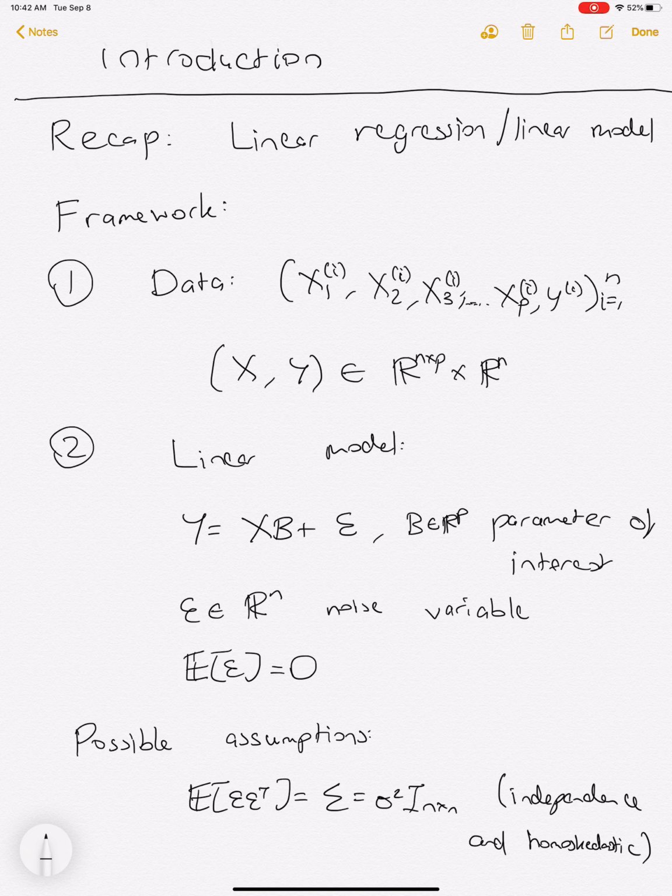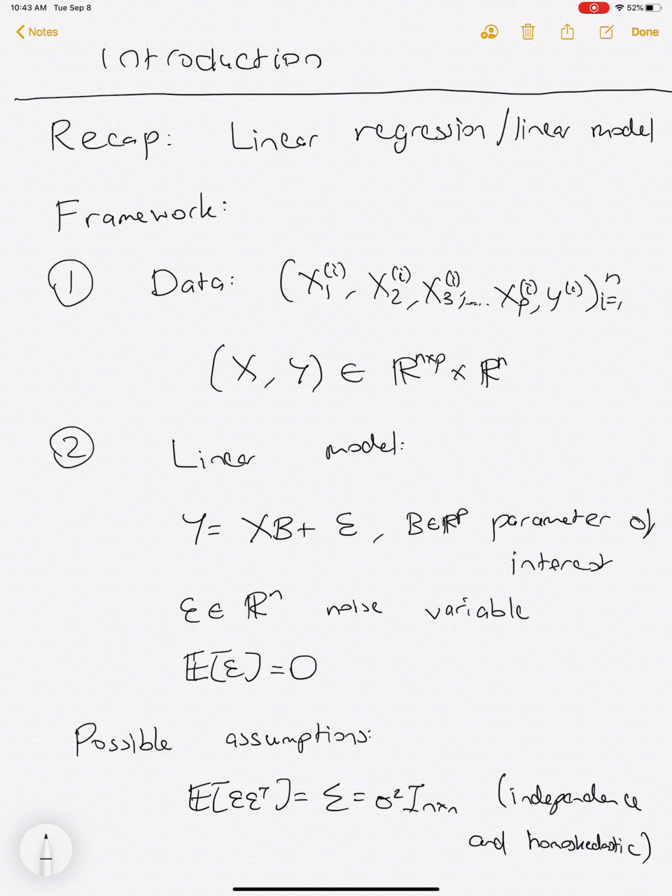So let's review that. For linear regression, we're in this supervised multivariate setting. We have p variables and 1 response, and there are n samples. Our data we can conveniently write in matrix notation as X, an n by p matrix of covariates for each sample, and y, an n-dimensional vector.